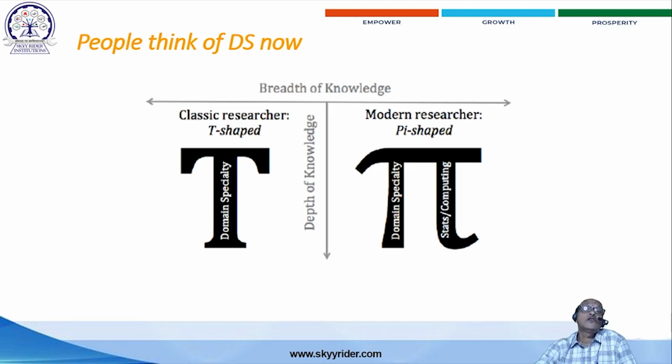Earlier, it was only T-shaped, meaning domain specialty alone was enough. The present trend is pi-shaped, meaning not only domain specialty, you must also be aware of statistics as well as computing. Have you got my point? Yes, the trend is going on. So right now people think, I want to become a pi-shaped data scientist.